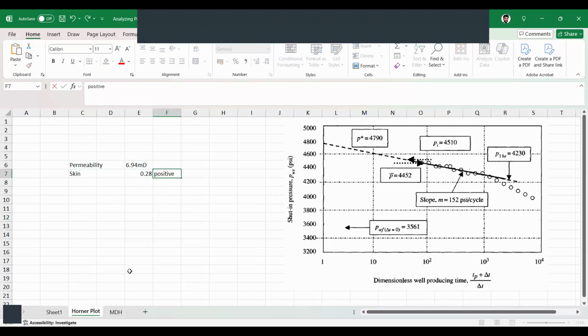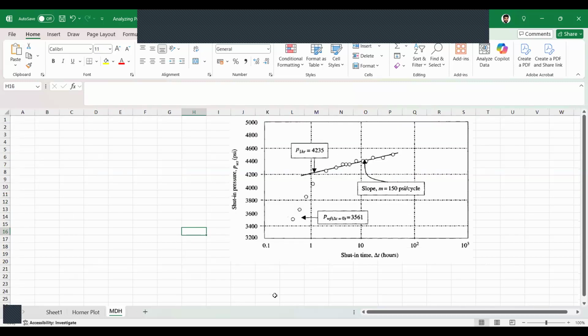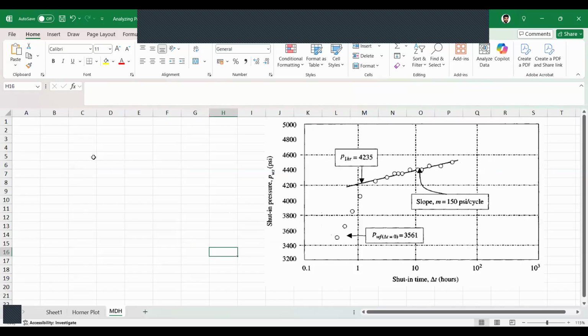And if you look at the MDH plot, that is where we approximate TP to be far less than delta T, and delta T will now be the basis on the x-axis, shut-in time. So for this MDH analysis, we get the permeability K, a very close value to the Horner plot.